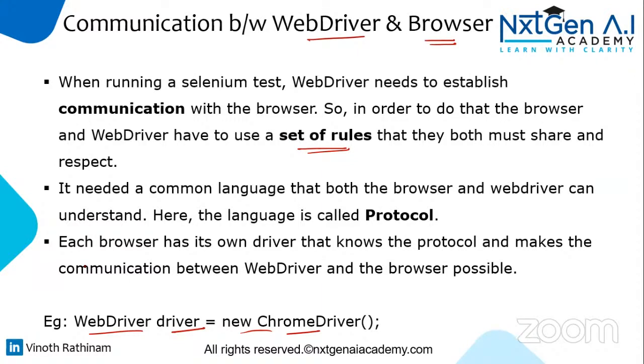Now, whenever there is communication between two parties, it should be in a neutral language, right? It should be simple words, a common language, right? Here, that language is protocol. So they follow some protocol, and because of that, we are able to communicate between the WebDriver and the browser.